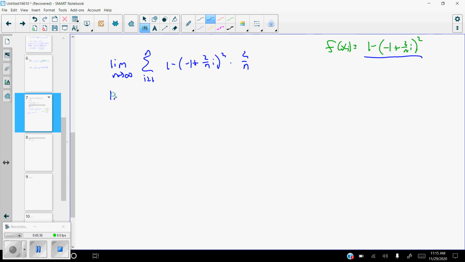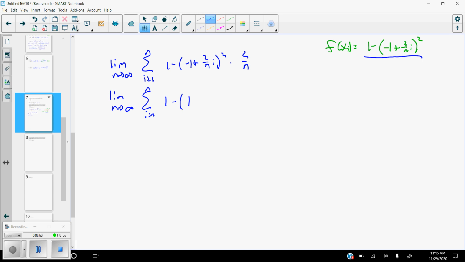So we're going to take the limit as n goes to infinity, with i going from 1 to n in our sum. This is going to be 1 minus, and I'm going to have to FOIL this. Negative 1 times negative 1 is 1.